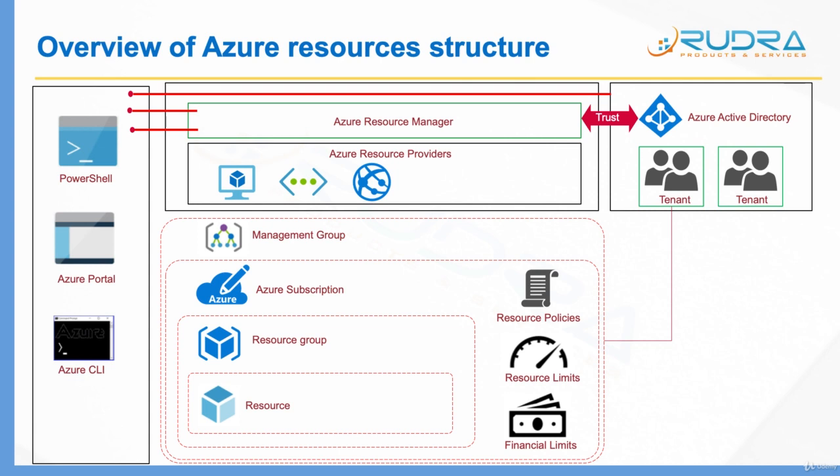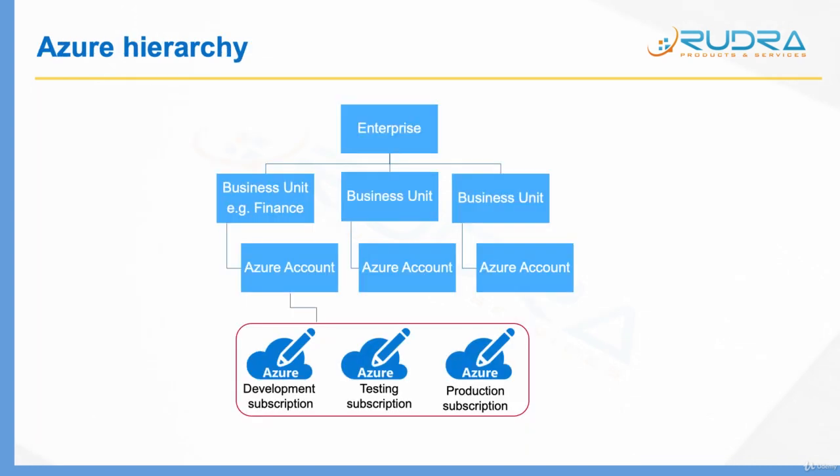And secondly, most of the time, if your company is big enough, you'll go with an enterprise agreement. In that case, you will get access to the enterprise portal where you can have a hierarchy of the enterprise and define business units under that enterprise. It can be finance, HR, operations, and you can create Azure accounts or tenants under each business unit.